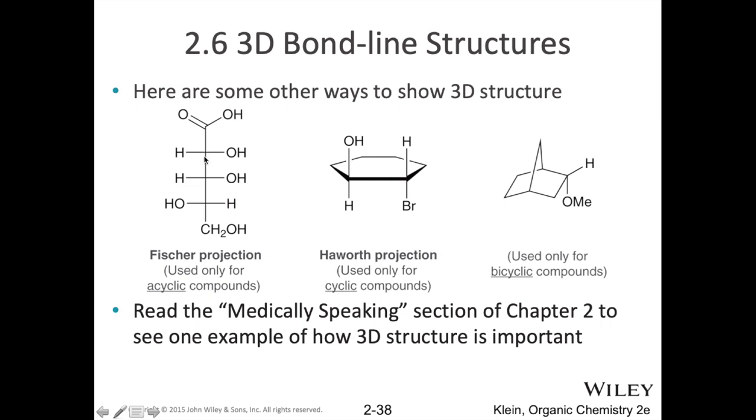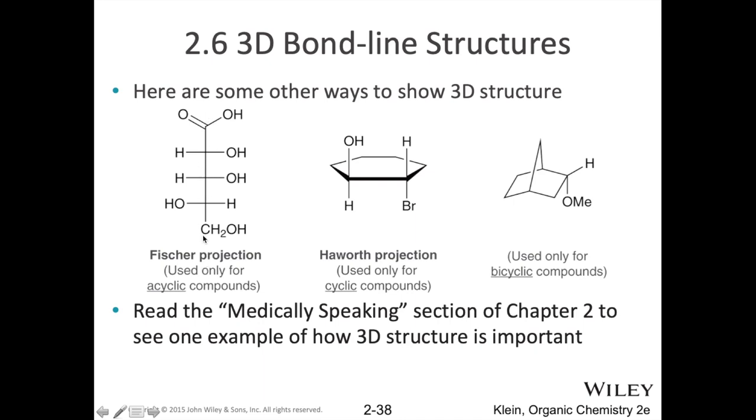So each of these crossroads, these intersections in your Fischer projection, represents a chiral carbon, a carbon with 4 different groups attached to it. And so it's understood that the bonds going from left to right on your intersection, those atoms are sticking towards you, whereas the carbon backbone going from top to bottom, those are sort of pointing away from you.